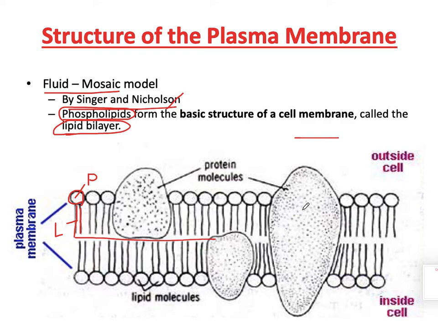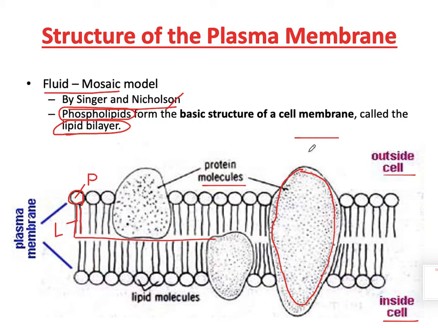Now we can see these big boulder-like structures which are invading my plasma membrane. What are these? These are protein molecules, right? Certain molecules you can see are completely breaking through the plasma membrane. That means they have a connection with the outside of the cell and also with the inside of the cell, right?